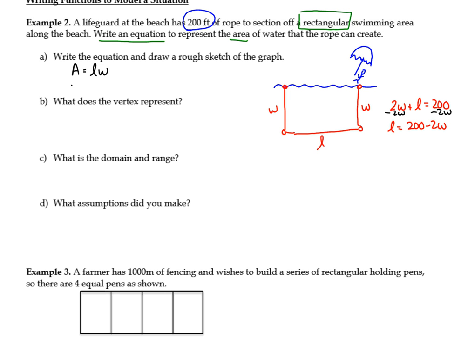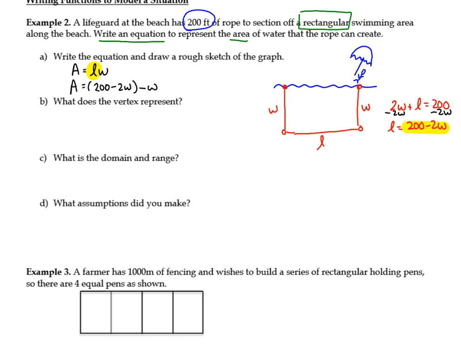What can we do in this area formula instead? Okay, let's replace L. We know what L is equal to. L is equal to 200 minus 2W. So let's replace our L with 200 minus 2W.